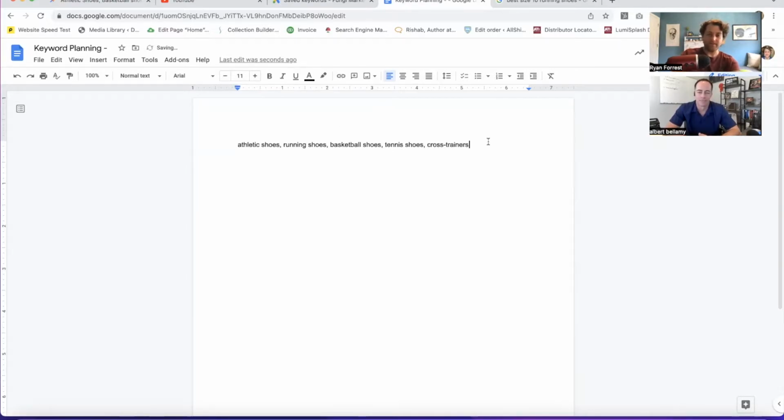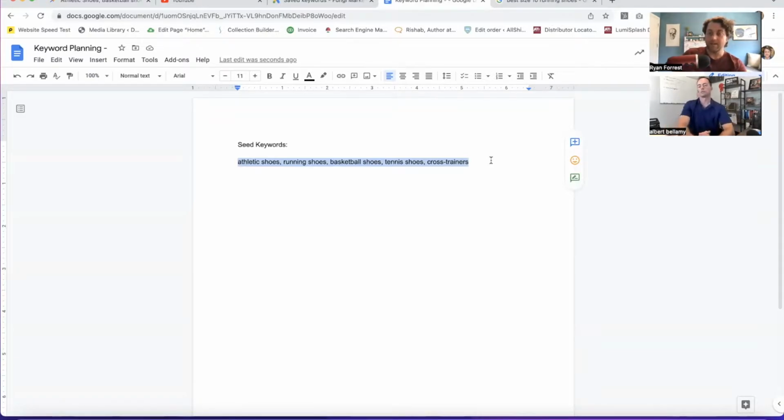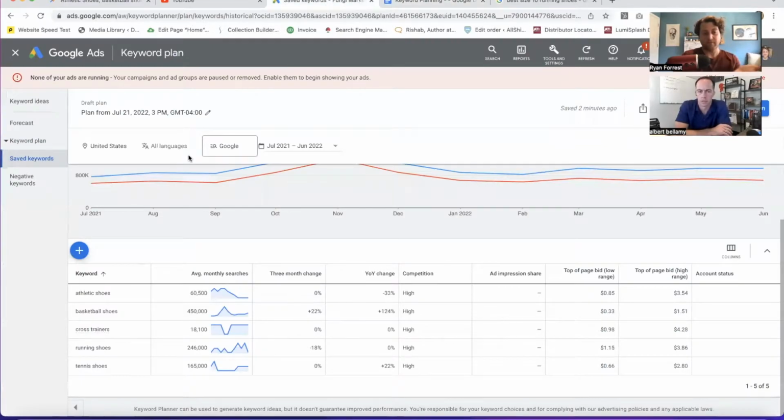Basketball shoes, tennis shoes, cross trainers. Okay, so we're going to call these our seed keywords. Because this is just an example. For most of our clients, we would probably start with between 20 and 50 seed keywords, and then we would expound on those based on results we'd get from the keyword planner.